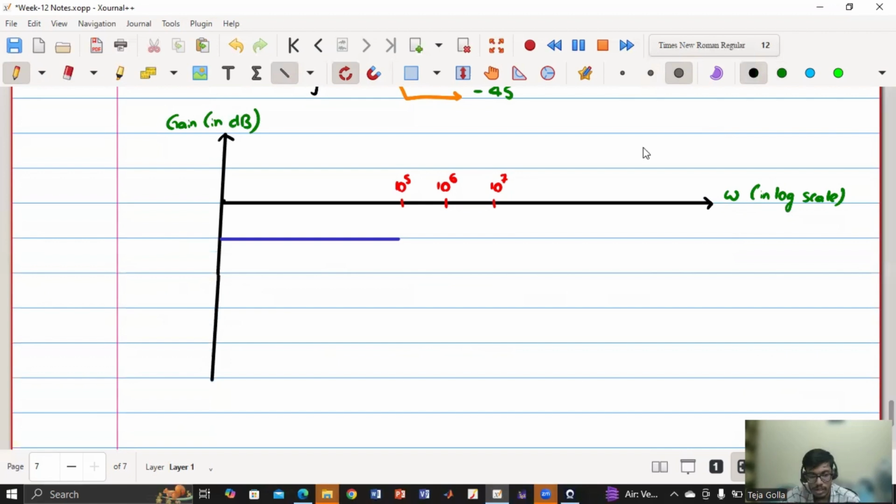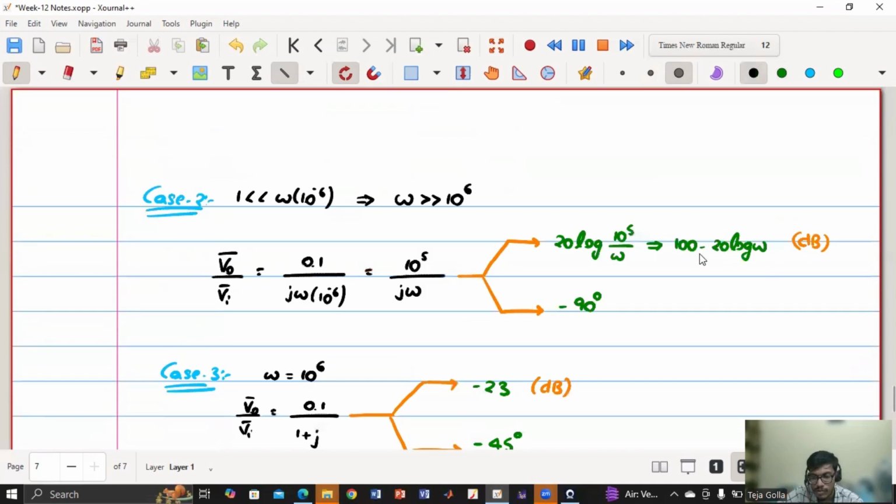Or one thing you can tell me, what is the value of this at omega equal to 10 to the power 6? Say if this is also valid at omega equal to 10 to the power 6, what is the value of this magnitude? At omega equal to 10 to the power 6?